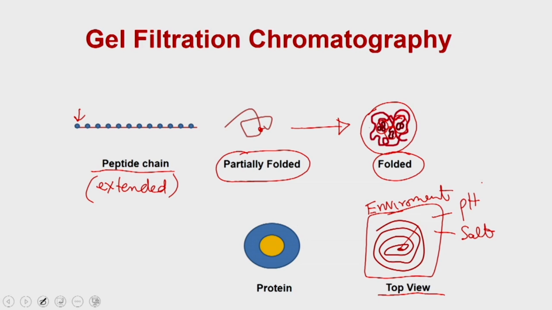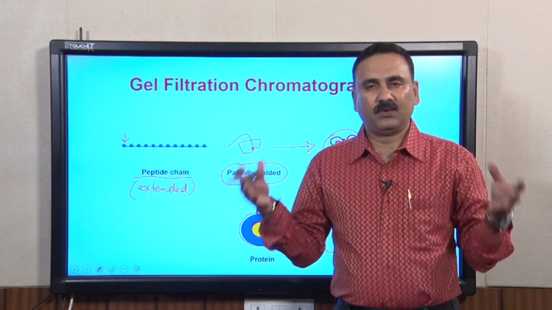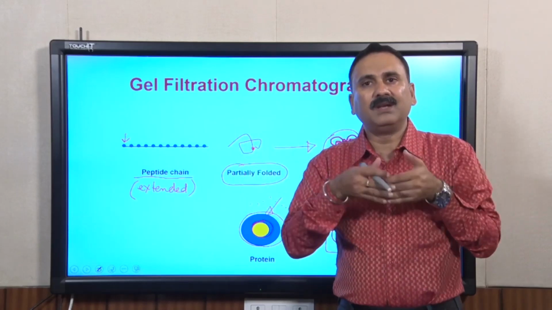And what you can see in a fully folded protein is that the protein arranges the hydrophobic molecules in the center and the hydrophilic molecules around it, and that is required because the microenvironment in most protein cases is hydrophilic in nature, which means that you have water outside, and because of that all the polar as well as the charged residues are arranged outside, and all the hydrophobic amino acids which do not like the water or the aqueous environment are focused into the center of the protein.